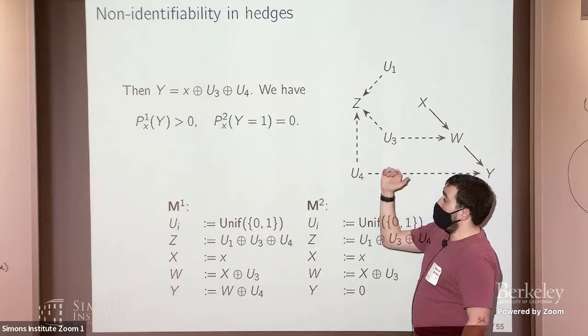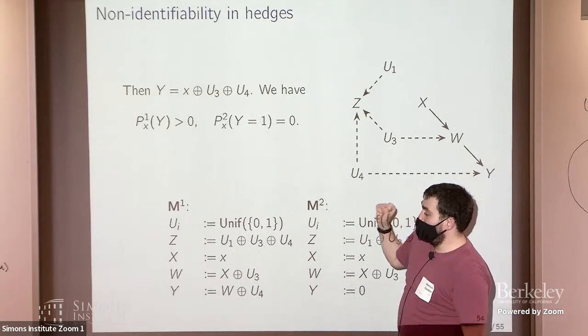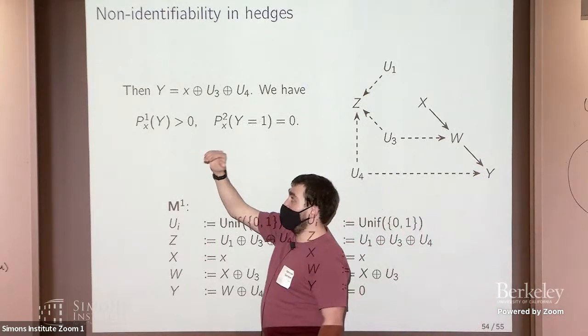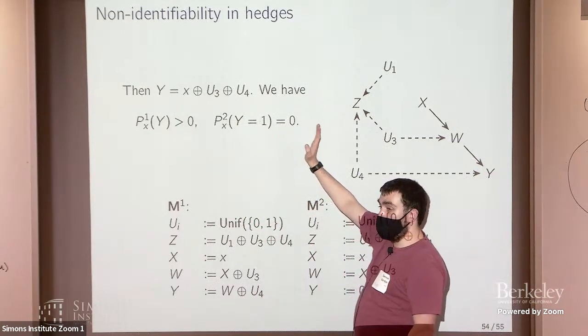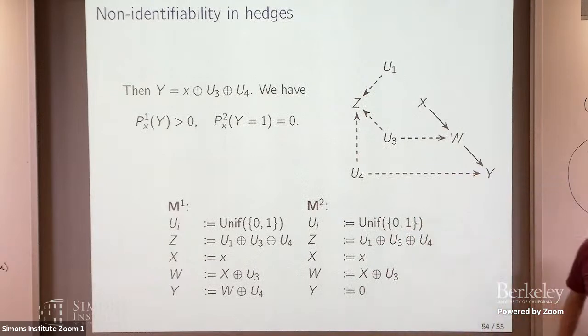Like we have binary random variables, and we get that y is equal to 1 with probability greater than 0 here, but equal to 0 here. And so we've established unidentifiability. And whenever you have a hedge, right, you have two forests where the smaller forest doesn't contain any x vertices and the larger one does.